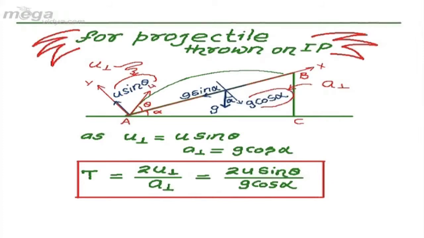Now, I think you got the correct situation here. If you are not finding it easy to understand this concept, then you can also use a very similar method based on the equation of kinematics, S equal to ut plus half at square.